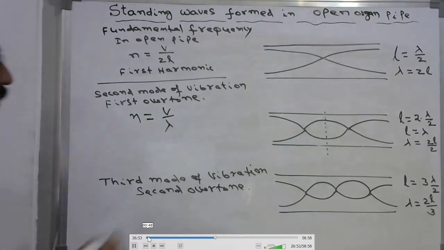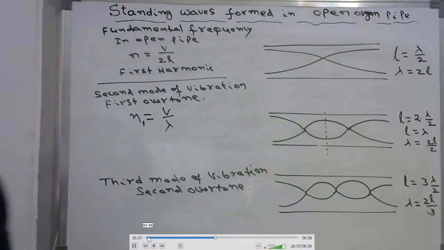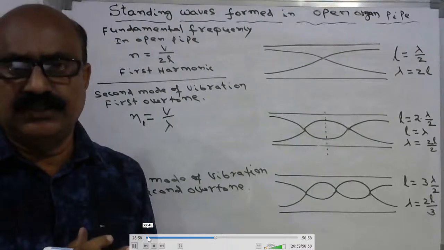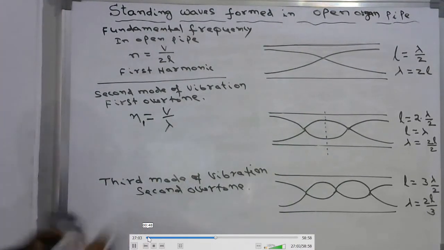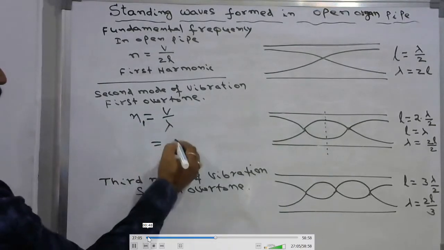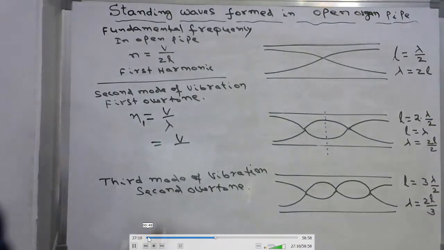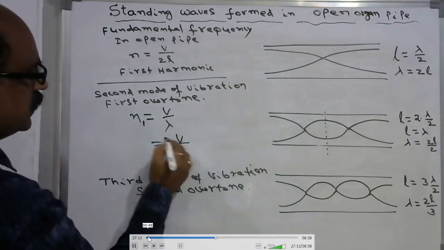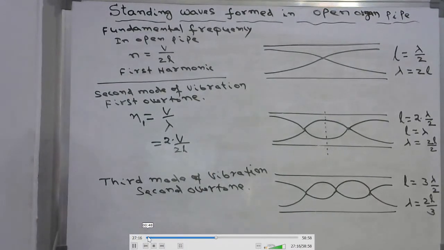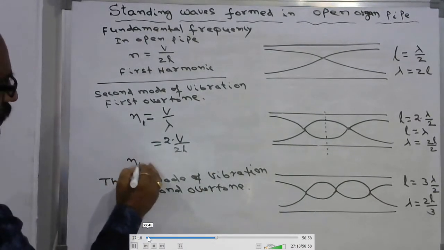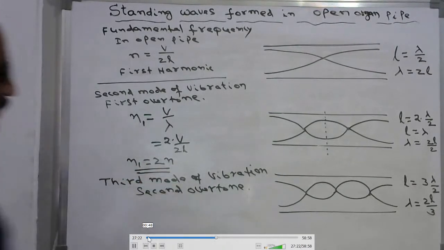This is the frequency corresponding to first overtone, that is why I write here n1. n1 is equal to V by lambda. So that is equal to V by, in this case lambda can be written as 2L, so n1 is equal to 2 times V by 2L. So this frequency is 2 times the fundamental frequency.